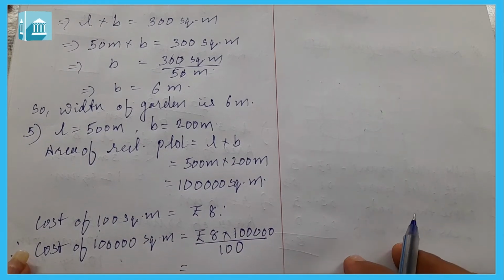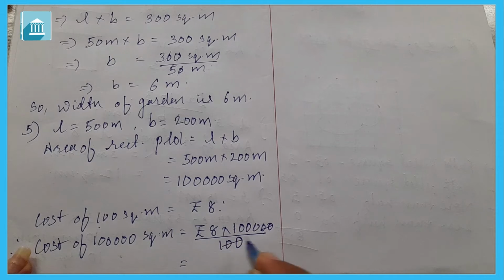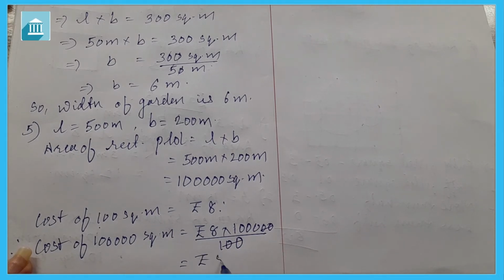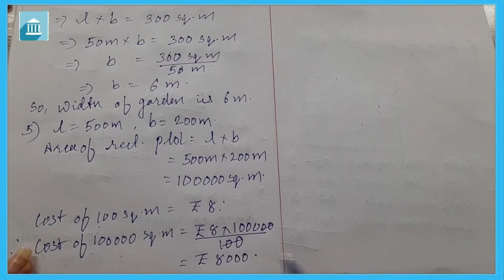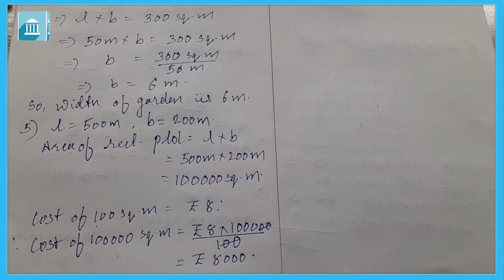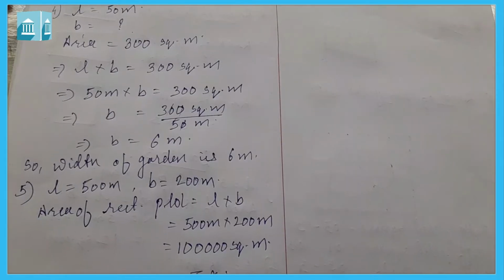Cutting the zeros, the answer will be rupees 8,000. So the cost of tiling the rectangular plot is rupees 8,000.